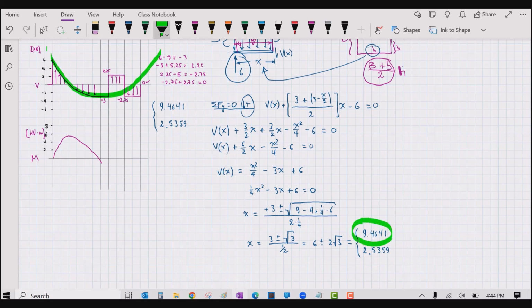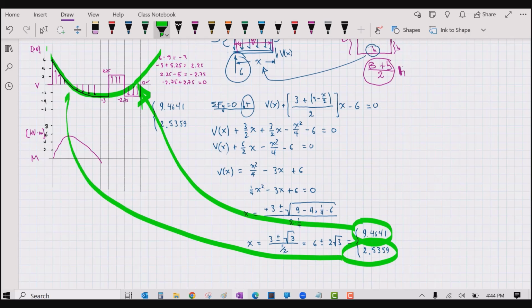So it crosses 0 here at 9 point something, and it crosses 0 here at 2.5. This 2.5 is the one that we are interested in, because this is where the moment is going to be maximum. We don't care about this other solution.